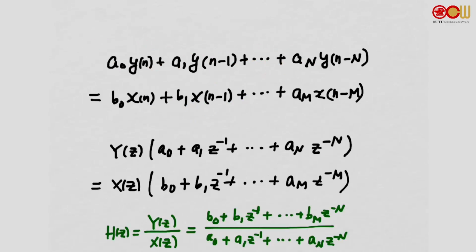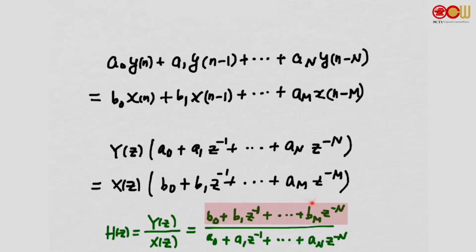The system function H(z) is the ratio of the two, Y(z) over X(z). We can move terms around to get this ratio: we move X(z) to the left hand side and the bracket to the right hand side. This is what we get, and we can see what kind of system it is. It is a system that we are familiar with. What kind of system is this?